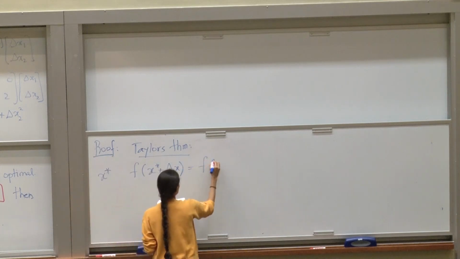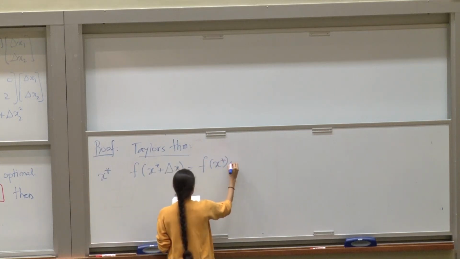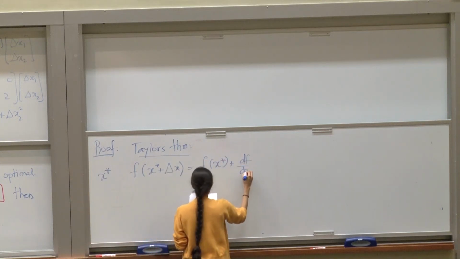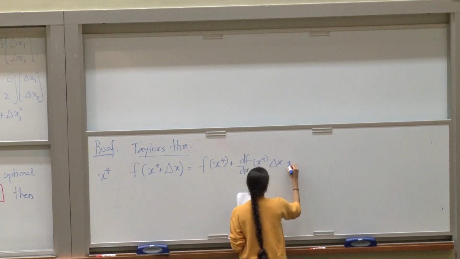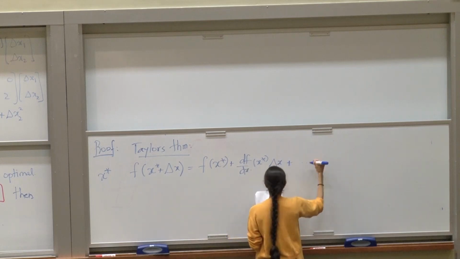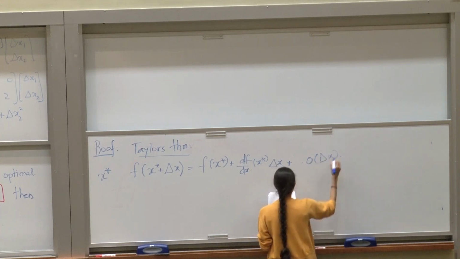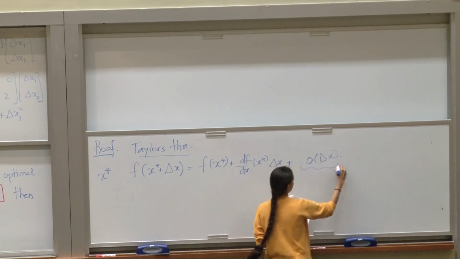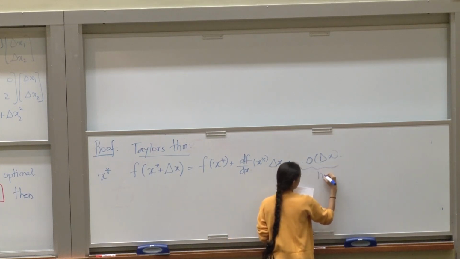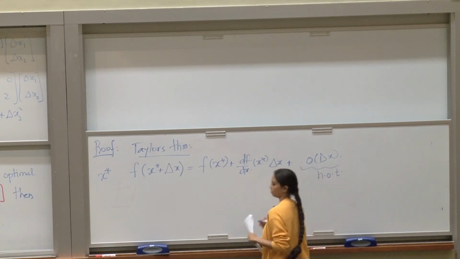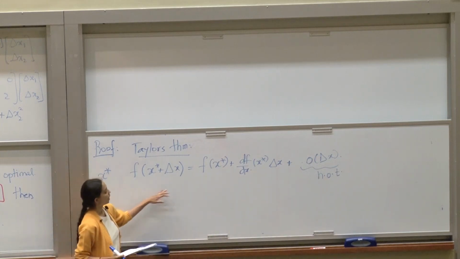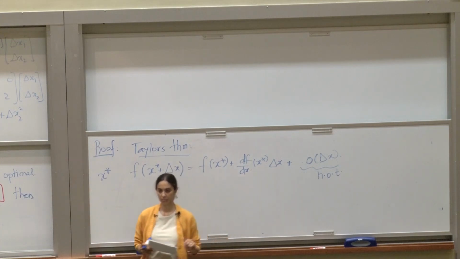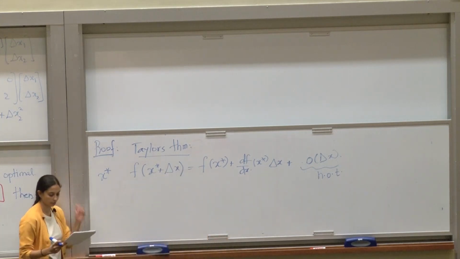And I can write this as f of x star plus df by dx at x star times delta x plus things that are order little o of delta x. So this is all quadratic terms and higher. I'm going to call this HOT for higher order terms. Okay? I really only want to care about this first term, the linear approximation, okay?